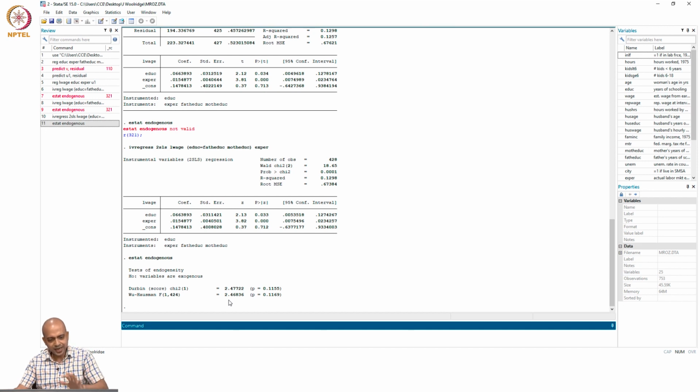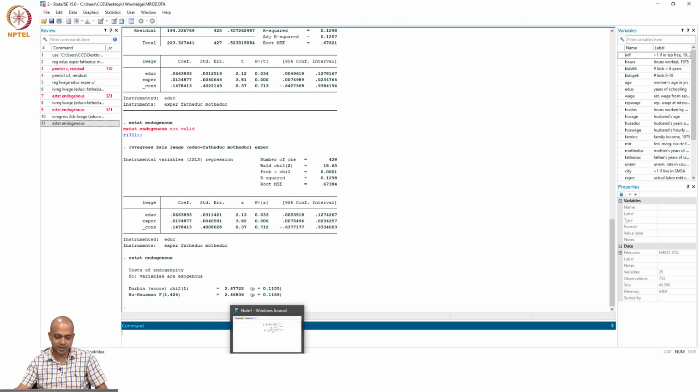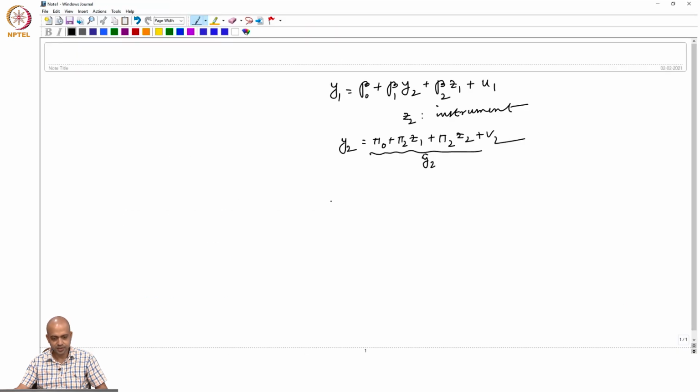Now, what exactly we are doing in this Durbin-Wu-Hausman test is something we need to discuss. If you recall, what is the philosophy of the Hausman test?